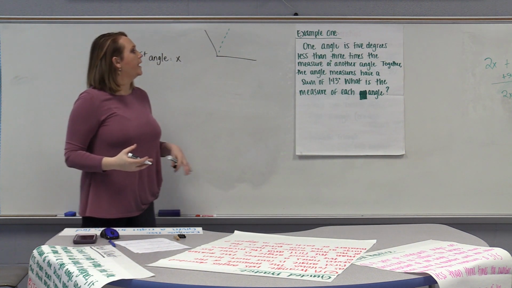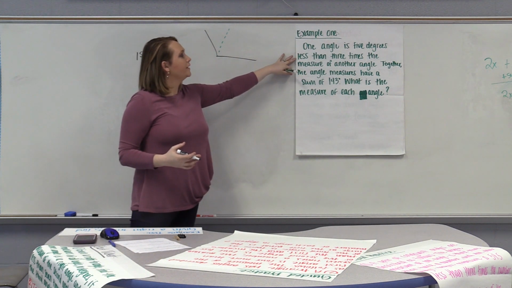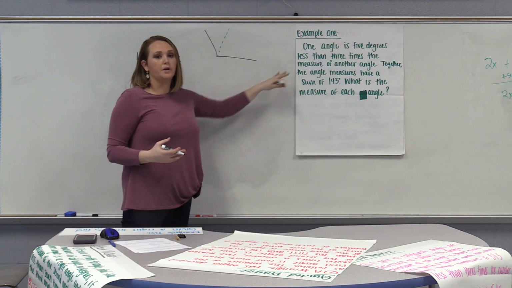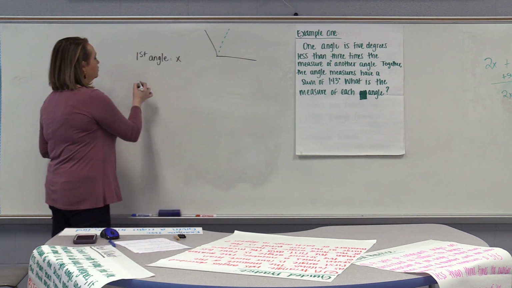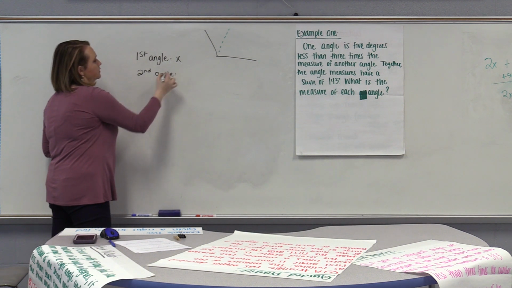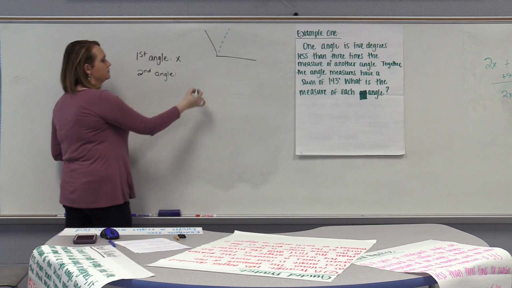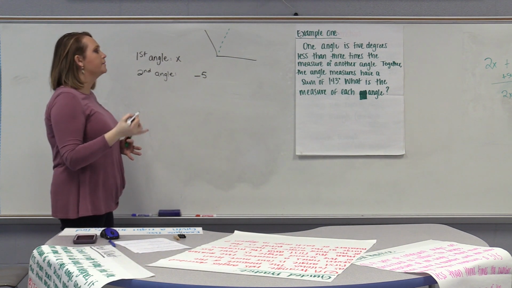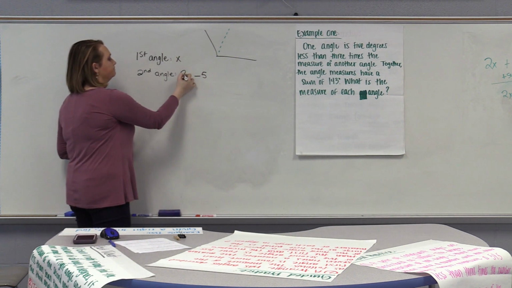Well, we're told that that angle is 5 degrees less than 3 times the measure of another angle. So the second angle would be represented as follows. 5 degrees less than, so we are subtracting 5 from 3 times the measure of the other angle.